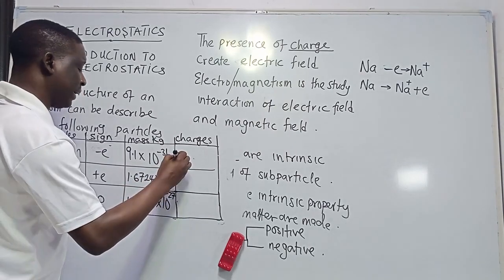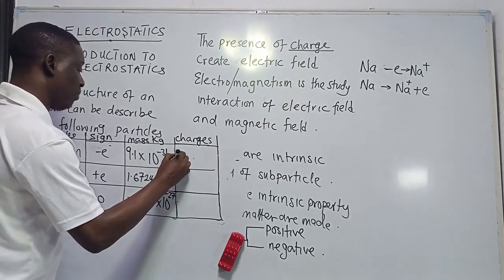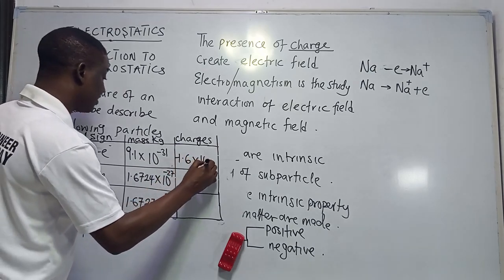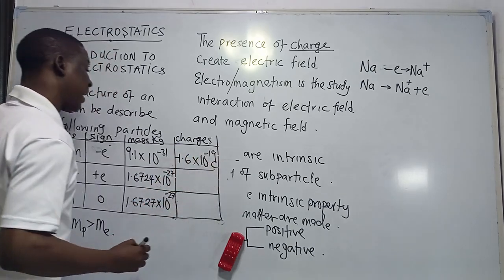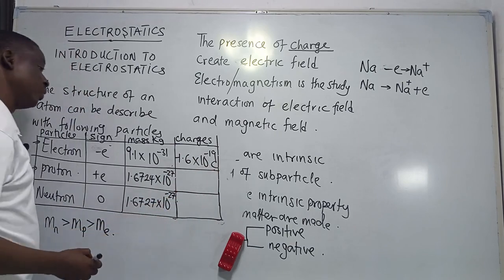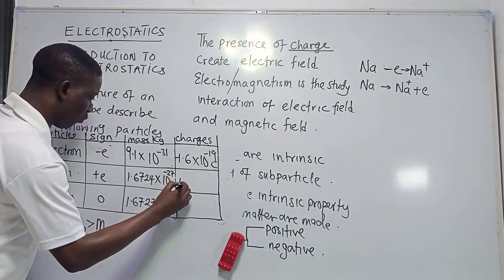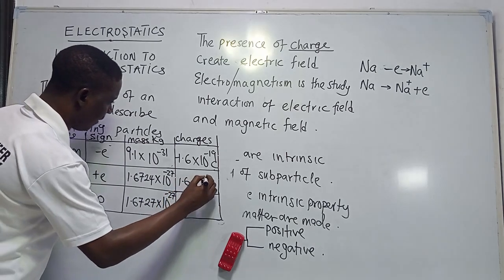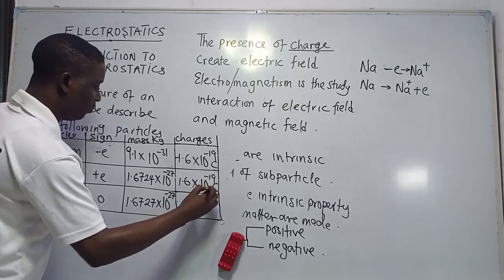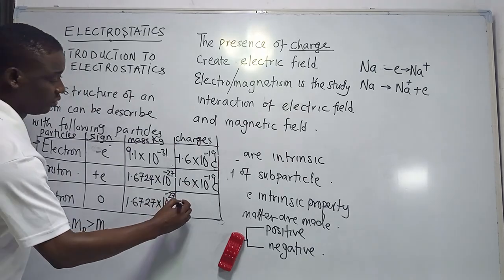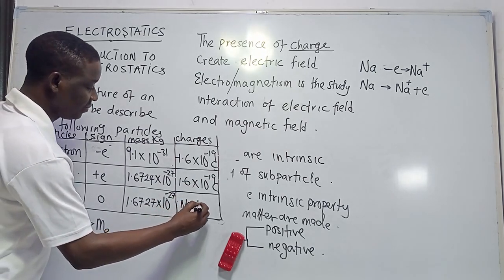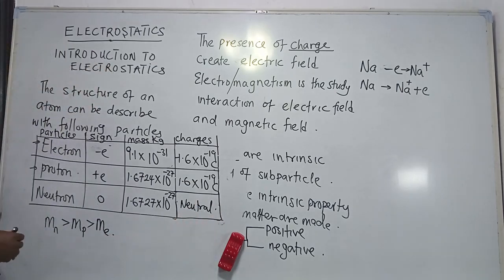Then don't forget that the charge here is minus 1.6 times 10 power minus 19. Actually, that is the actual value. Then this one is plus 1.6 times 10 power minus 19 coulomb. This one does not have any charge. It is neutral, so it does not carry any charge.